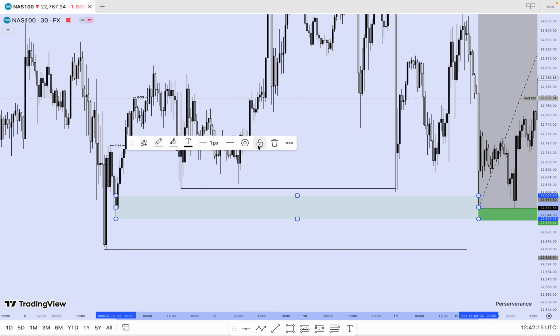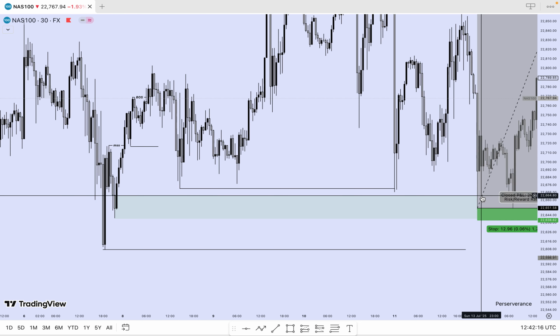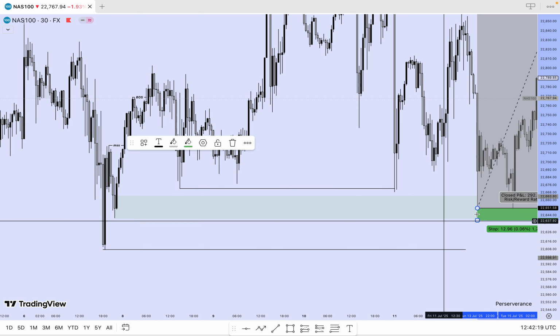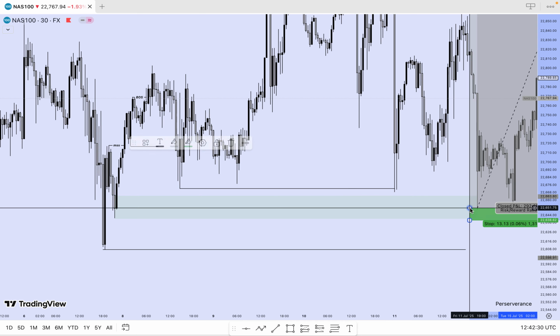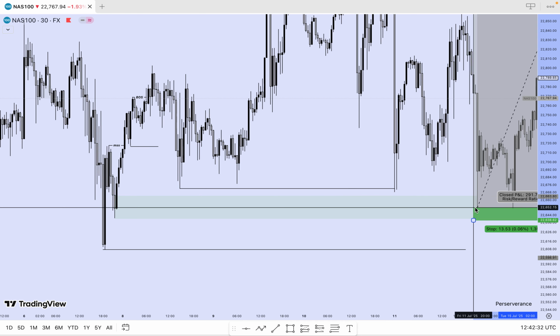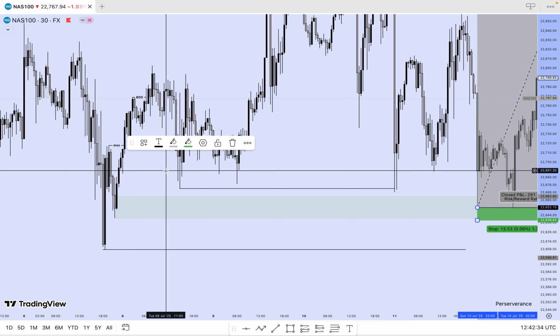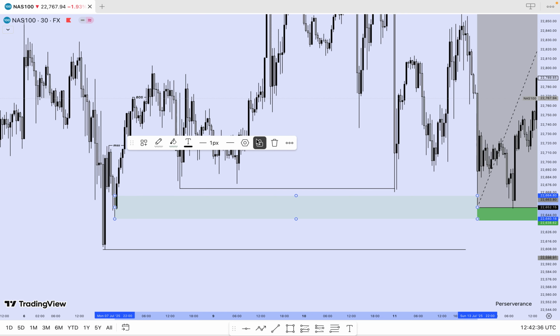So it is very okay for you to take your entry directly from the body of this candle. So that's an example of an order block.